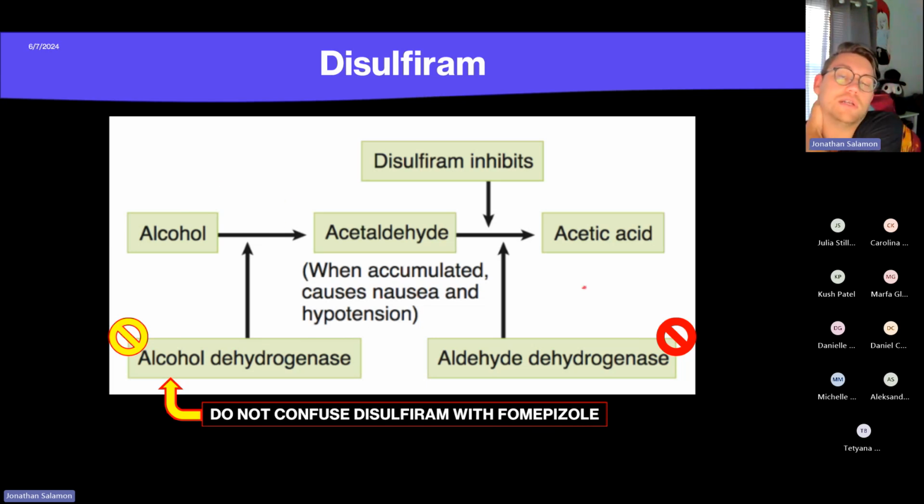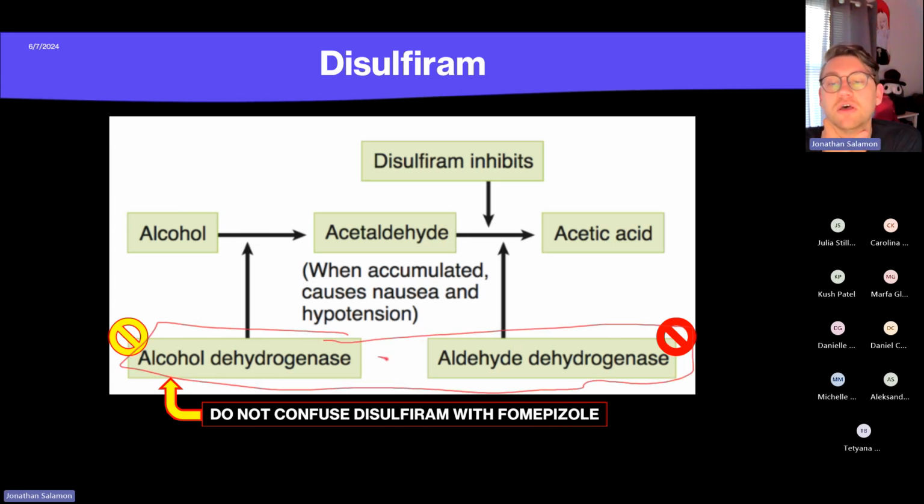But it is important to know disulfiram. It's important to know that disulfiram inhibits aldehyde dehydrogenase, and fomepizole inhibits alcohol dehydrogenase. And this is very important because I've never, ever seen a single question that asked about this in either direction that didn't have both of these as answers. Every time they ask about this, both of these will be answers.